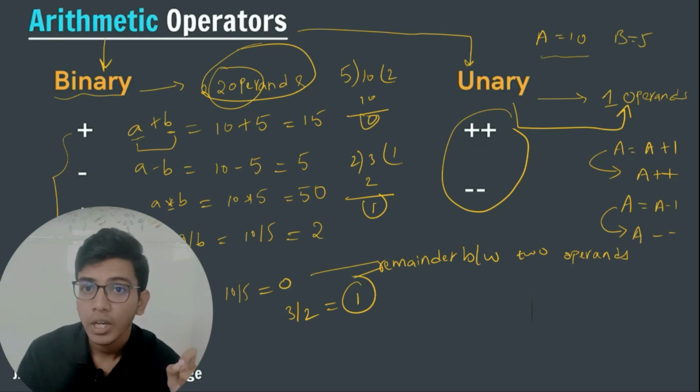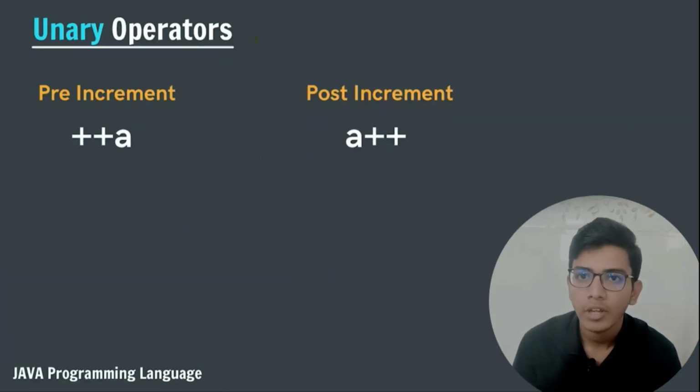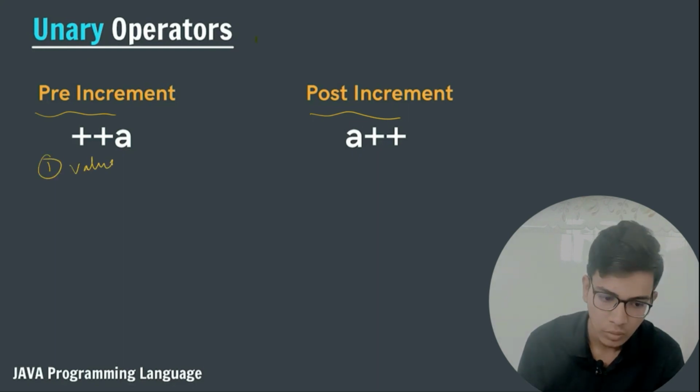So in unary operator, again we have post increment and pre increment. Let us study that. Similarly we can say decrement. So pre increment and post increment. Let us understand what it is. First of all, in pre increment, value will change first. After that, value will be used.